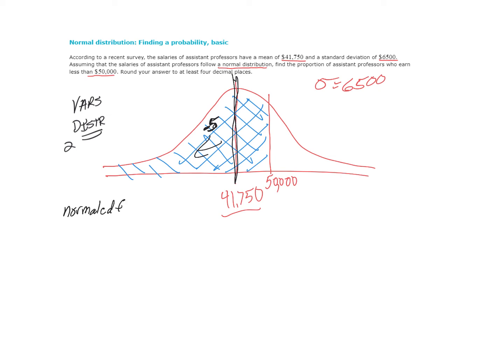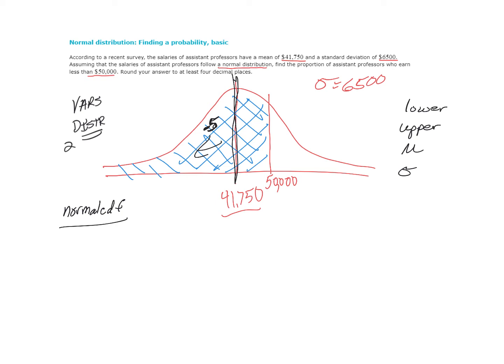This is a normal curve, so we're going to use normal CDF. Depending on what model you have, mine is asking for lower bound, upper bound, the mean, and the standard deviation. Those are the things I have to fill in.